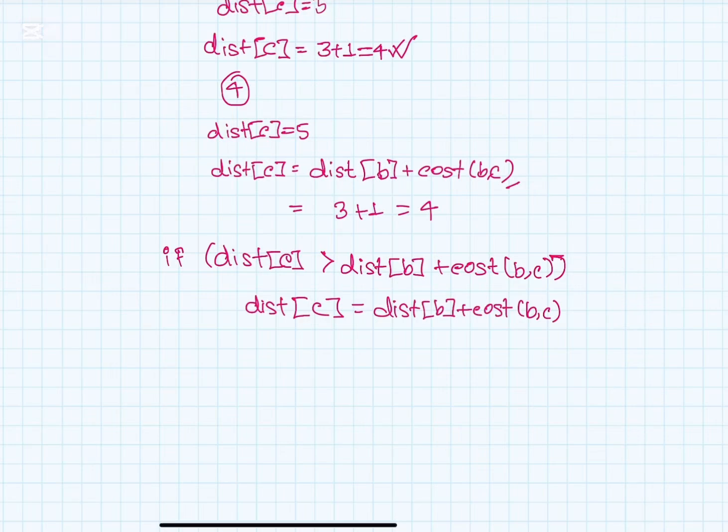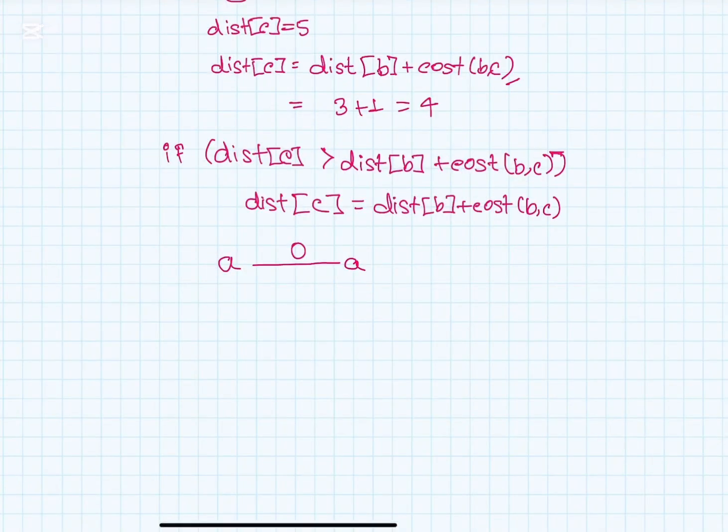We also have a few things to realize. The distance of A to A is always going to be 0. Because if you are already at your destination, then obviously the distance is going to be 0. However, before we connect any path from A to B or A to C, there wasn't a way to reach any destination from A. That would mean the distance from A to any other vertices at first will always be infinity.